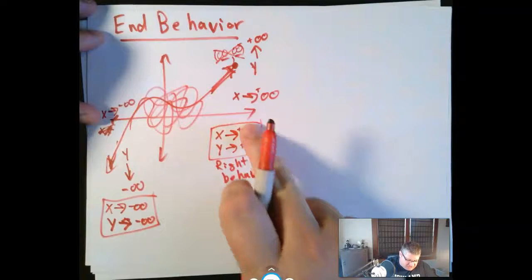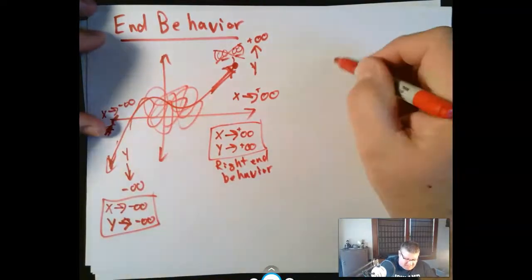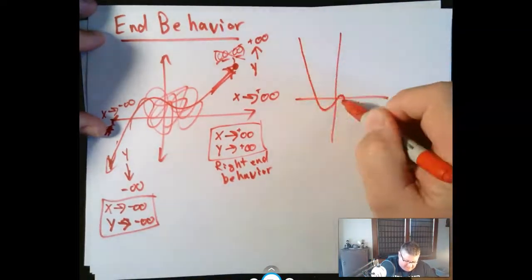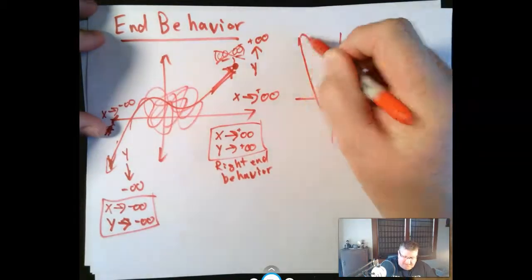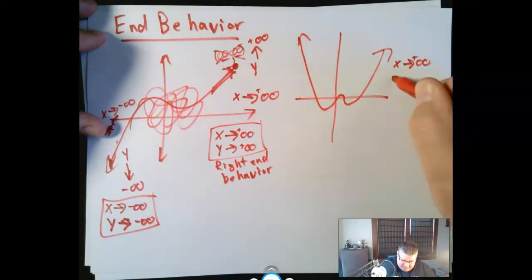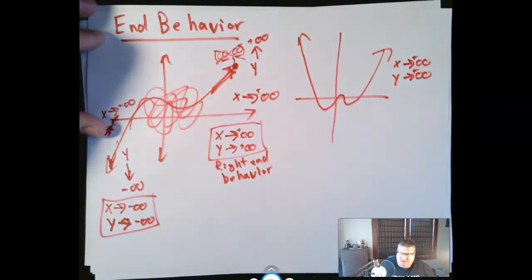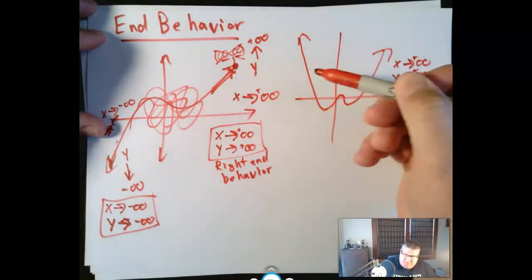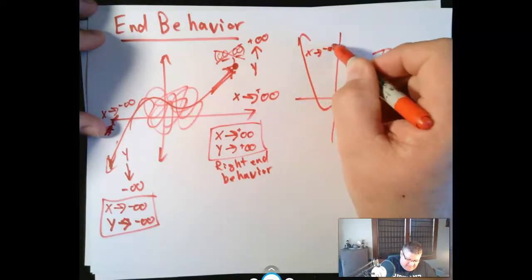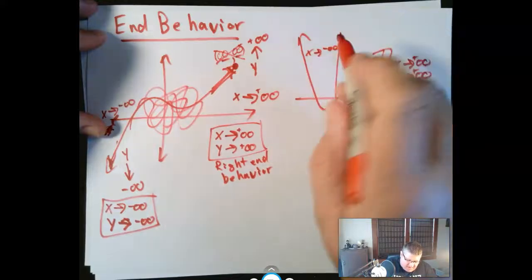But now, just because they happen to match here doesn't mean they're always going to match. Let's take a look at this. Here's another fine graph. Now, in this case, we could still say as x goes to positive infinity, y goes to positive infinity. But if I go this way, as x goes to negative infinity, going that way, where's y going?